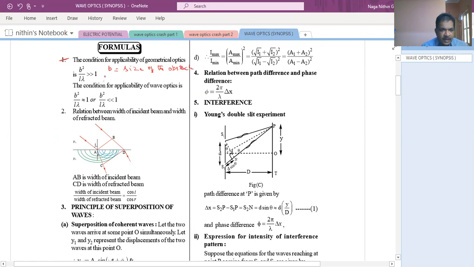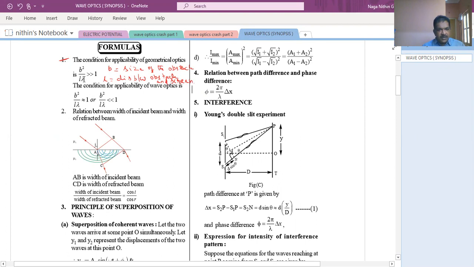What is L? Distance between the obstacle and the screen. Lambda is the wavelength of the light used.